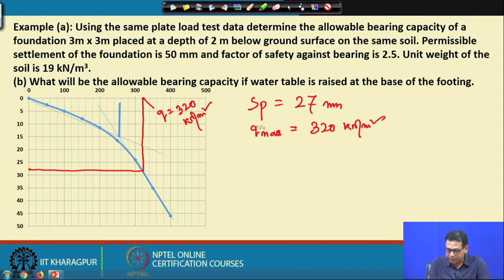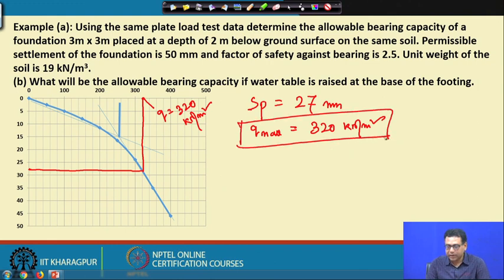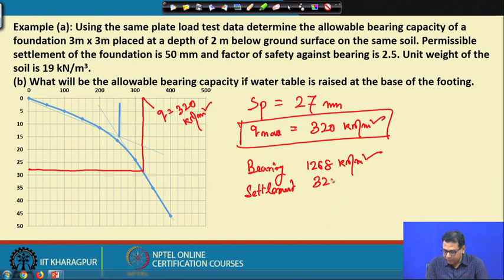So, this is in terms of settlement criteria and the previous one in terms of bearing capacity criteria. If I write this for the bearing, this value is coming out to be 1268 kilonewton per meter square, and for settlement it is 320 kilonewton per meter square.